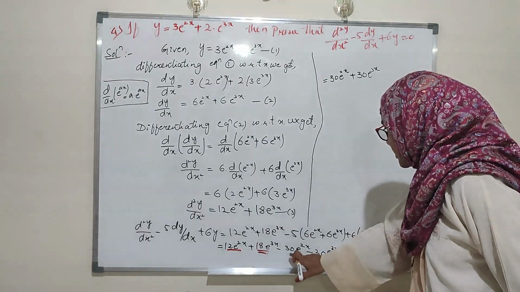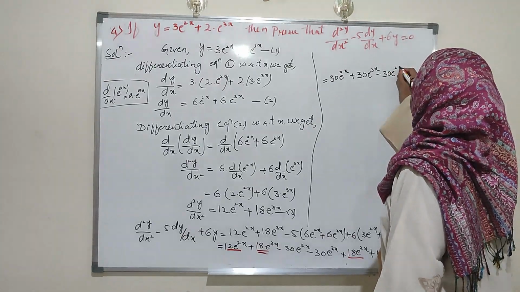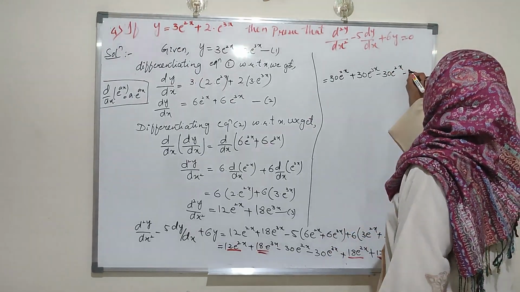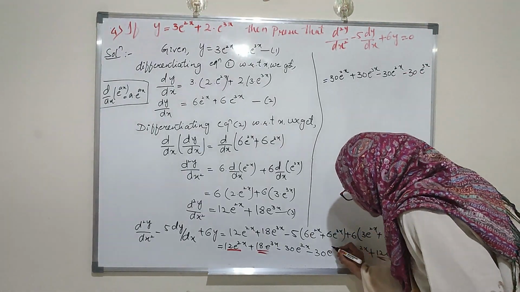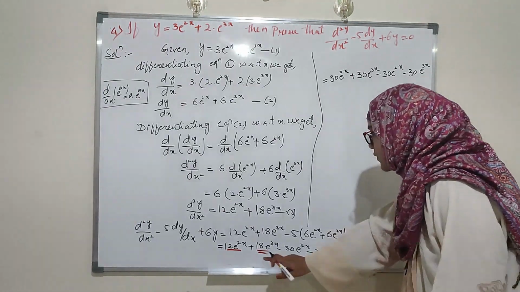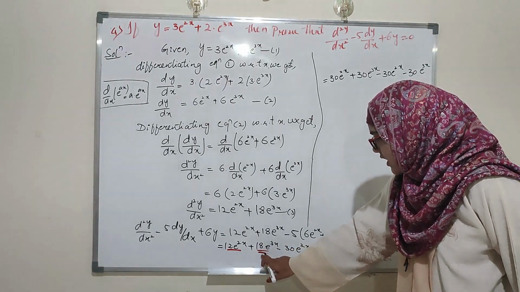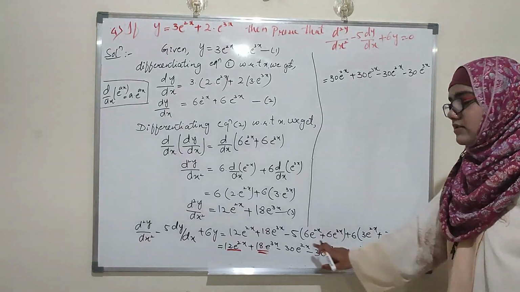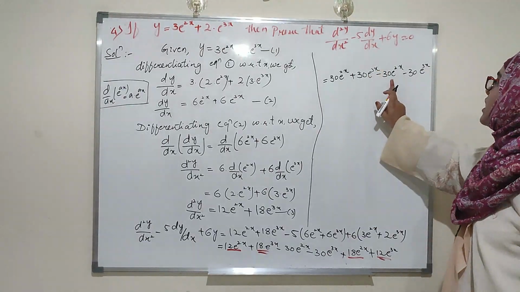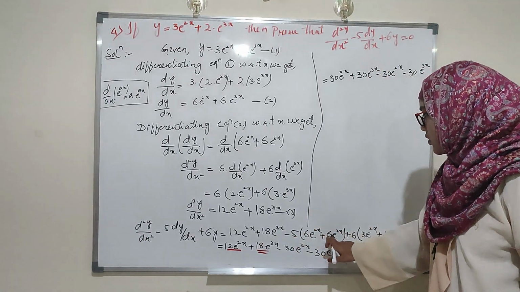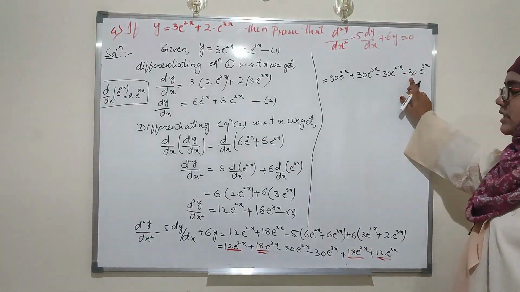Now write the remaining: minus 30e^(2x) minus 30e^(3x). First the e^(2x) term I have added, and secondly the e^(3x) term. Then we will get plus 30e^(2x) plus 30e^(3x). Now this one we got by multiplication of 5 with dy/dx, so minus 30e^(2x) minus 30e^(3x).